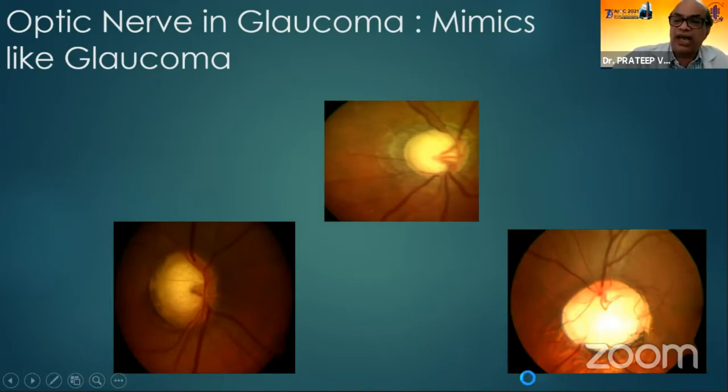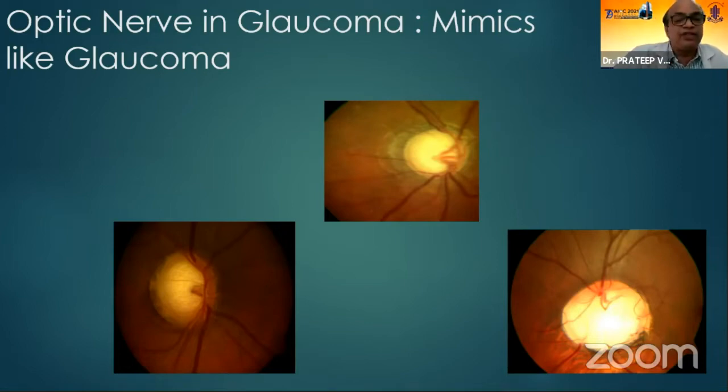On the other side, you can be misled by the congenital changes in the optic disc, the congenital anomalies of the optic disc. Believe me, this patient was operated for glaucoma, presented to me at the age of 8 years, and 3 years before he was operated for glaucoma, but he has a classical coloboma of the disc.